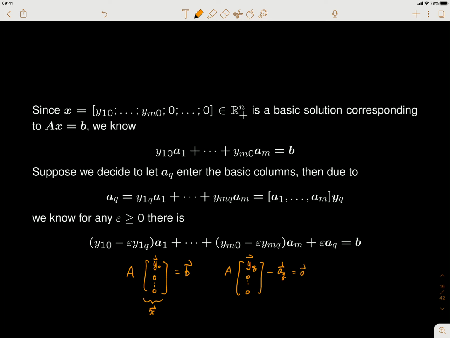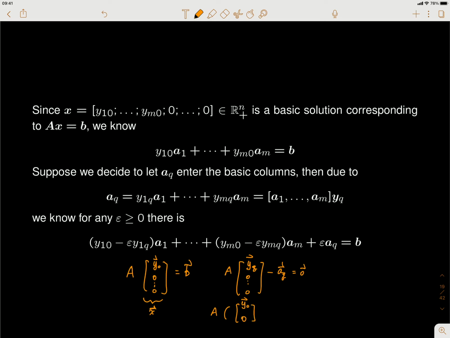I'll get the 0 vector. So this equation right here is nothing but multiplying this one by epsilon, then subtracting it from this one. So what I really get is A times this y0 vector, and then 0.